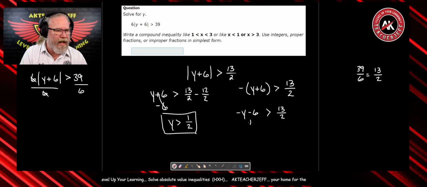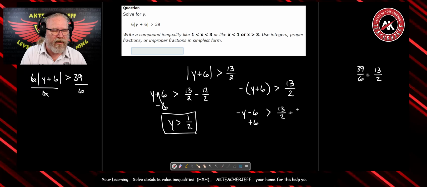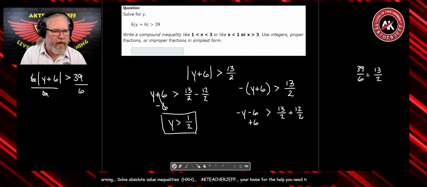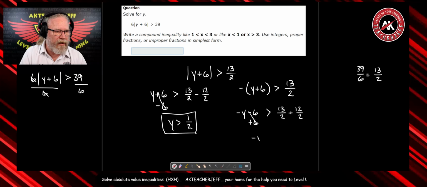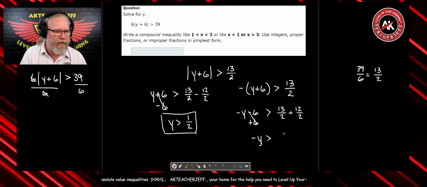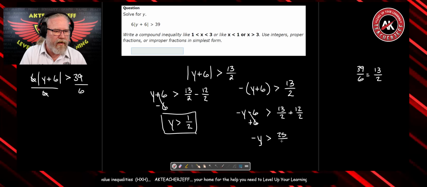Now let's go ahead and add 6 to each side. Here I'm going to add 6, but it's in a fraction. So just like I had 6 is 12 over 2 here, I'm going to write it as 12 over 2 here. So I'm adding 6 to each side. Those negatives cancel each other, leaving negative y. Let's bring down my sign. And 13 plus 12 is 25.